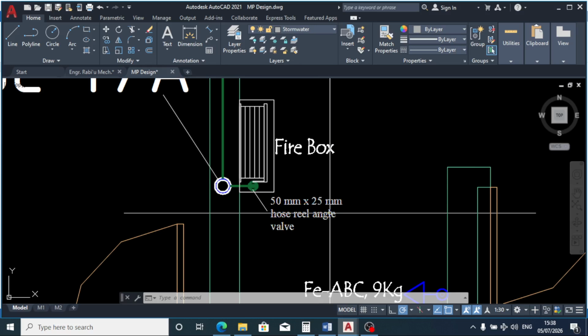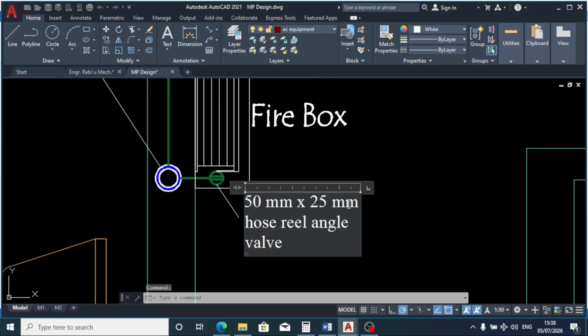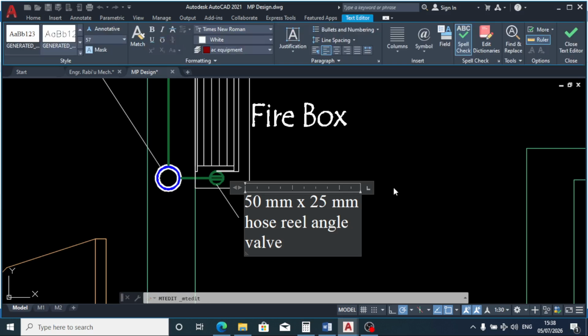So for this, remember our diameter is 20. That's what we use for our calculation.